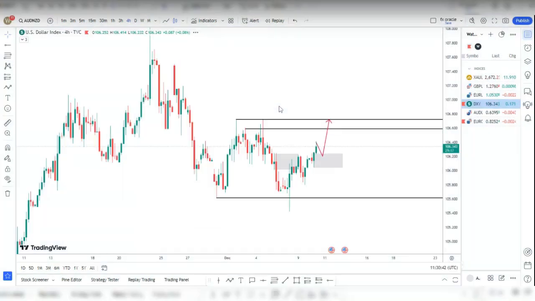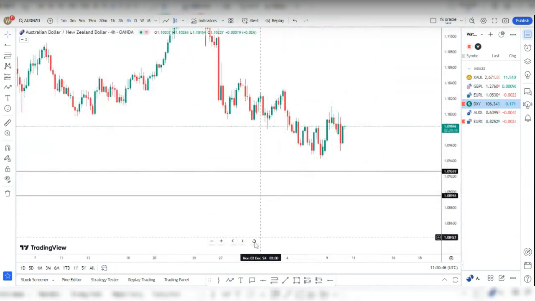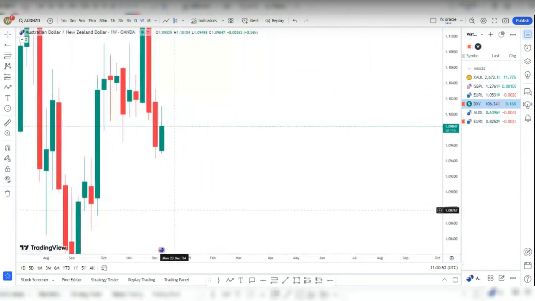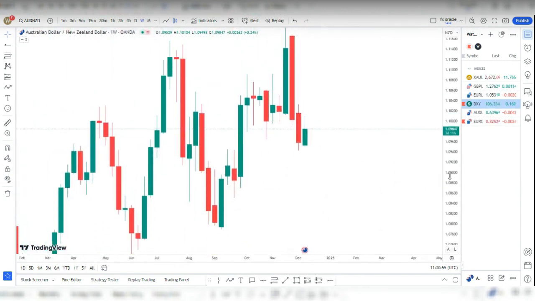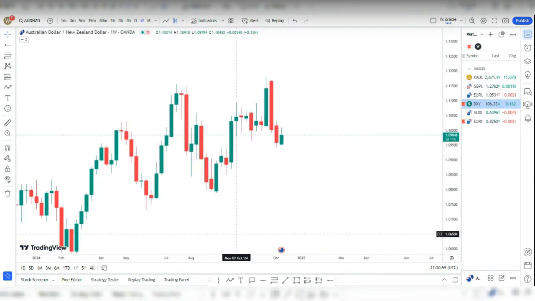AUDNZD. Let me pull this out. All right. On the weekly time frame, looking at the AUDNZD, you can see that we are on a bullish move. Here is our last break of structure.